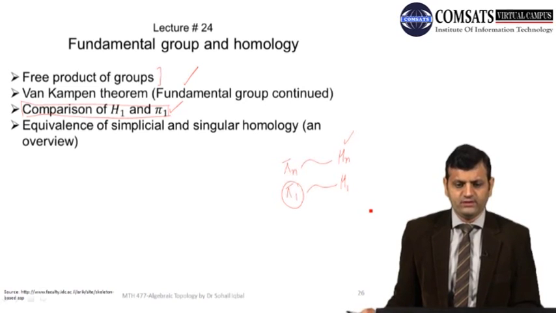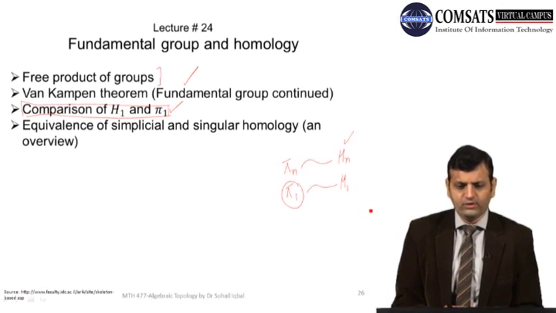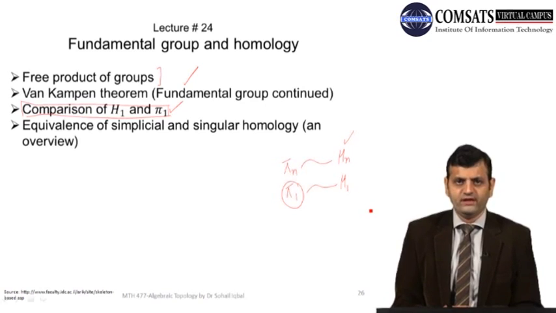And then in the last section of this lecture we discussed equivalences of simplicial and singular homology. As I said earlier, simplicial homology and singular homology satisfy the axioms of homology, so it's just a different method; we are calculating the same homology.